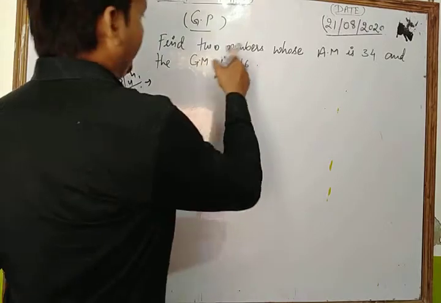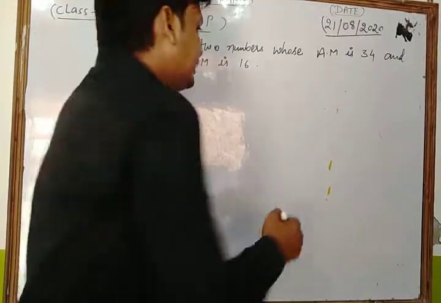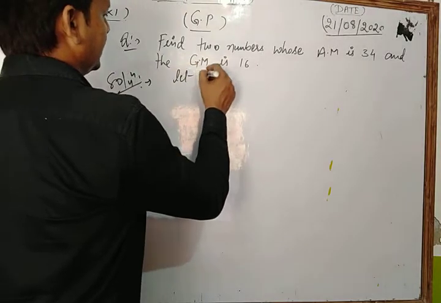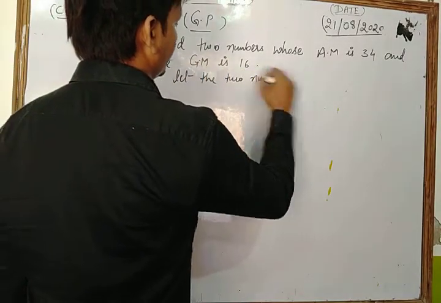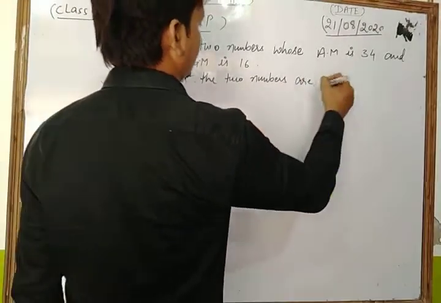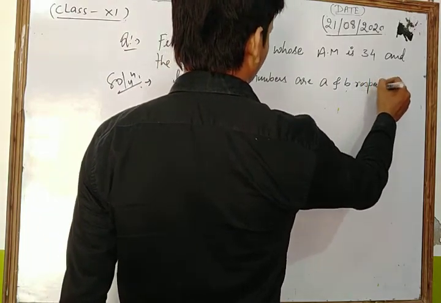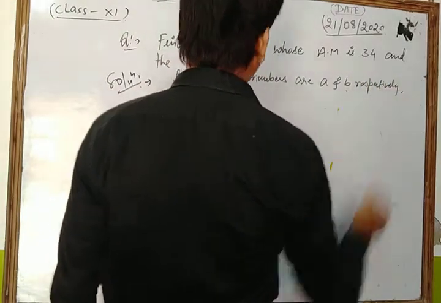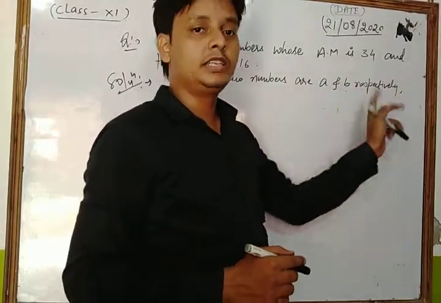First, find two numbers. Let the two numbers be a and b respectively.